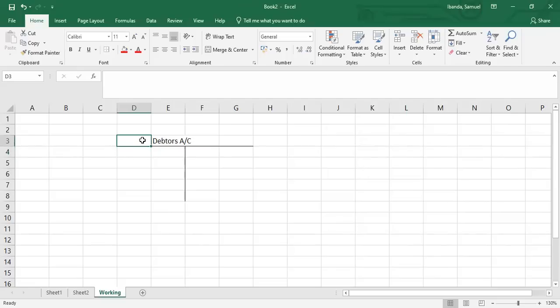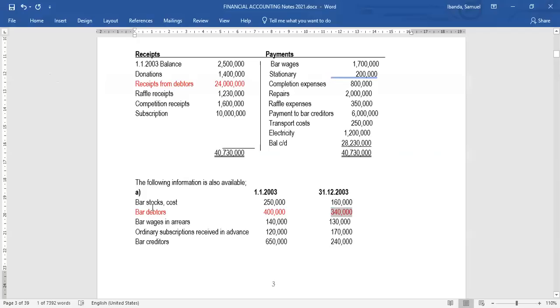So this is debtors account. Can call it BAT debtors account, like the way it is called, the BAT debtors account. So mine is to record the balance brought down and the balance carried down, okay? So my balance brought down is 400,000, balance carried down is 340. That is what I'll start with.